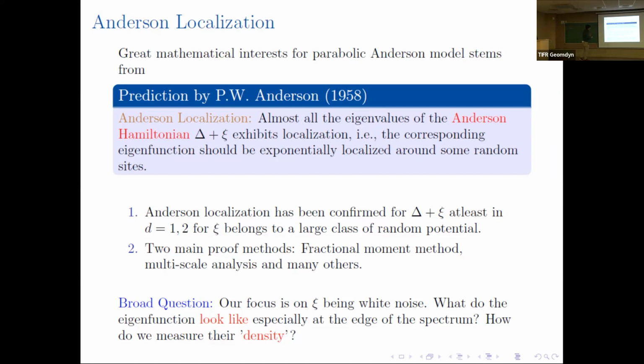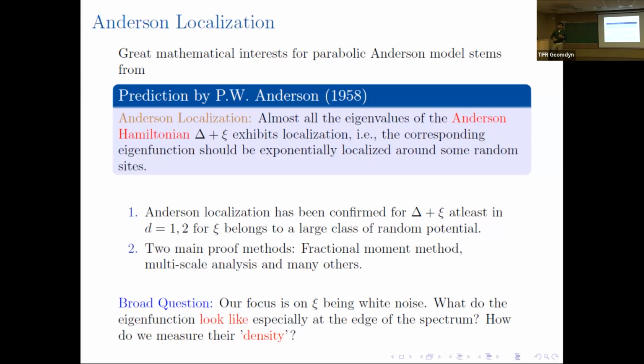His proposal was that if we consider the eigenfunctions of this particular Hamiltonian, then they should be exponentially localized, in the sense that there would be some random spots over which the eigenfunction would be localized, exponentially decaying around those points.